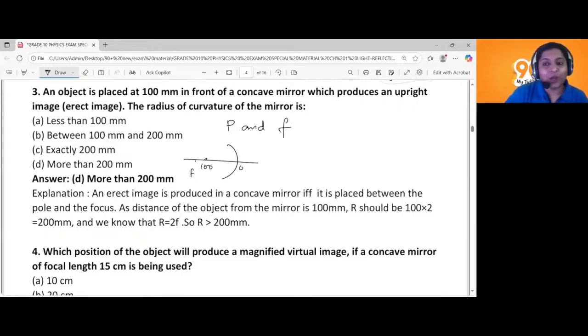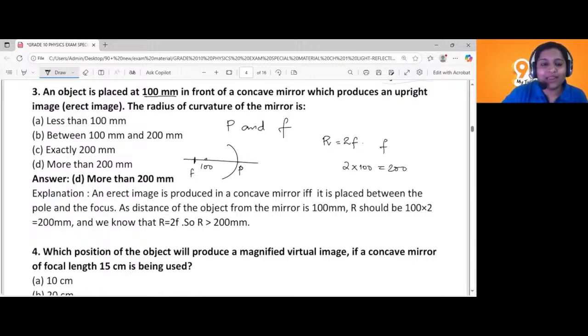We know that the object should be placed between the pole and F, the focal length. And the radius of curvature. We know that the relation between the radius of curvature and focal length is R is equal to 2 times the focal length. But here we don't know the focal length, but we know that this distance of 100 is given. So anyway, our focal length will be greater than 100. So 2 times 100 is 200.